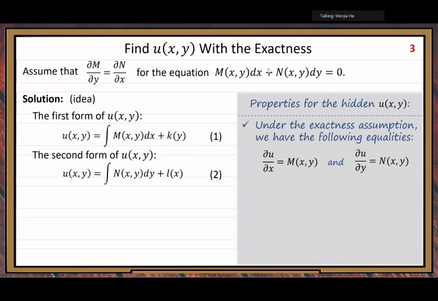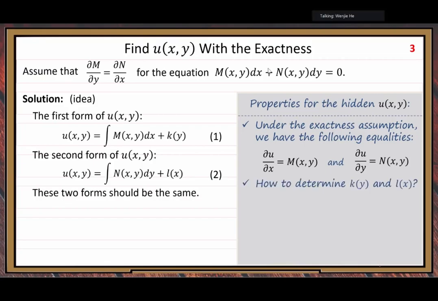Here I describe the way to determine how to determine the K function and the L function. We take partial derivatives on the first formula and second formula as follows.